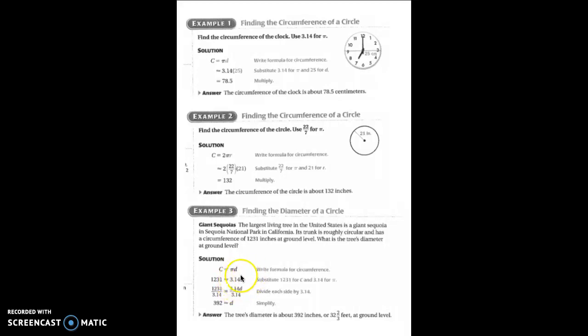To find what d is, you divide by 3.14 on both sides. So 1231 divided by 3.14 equals 3.14 d divided by 3.14, which cancels out the 3.14, leaving you with d. 1231 divided by 3.14 gives you 392 equals d.